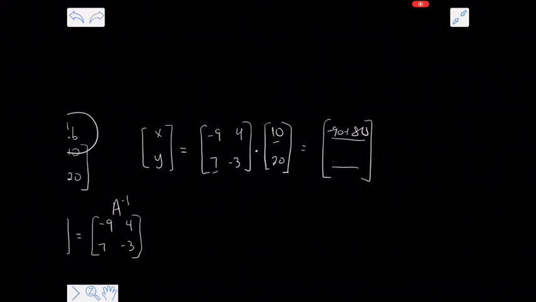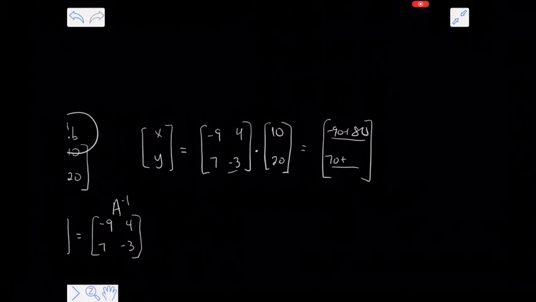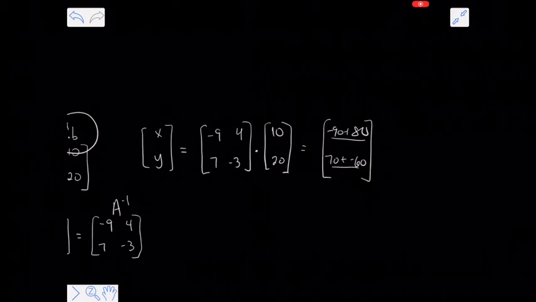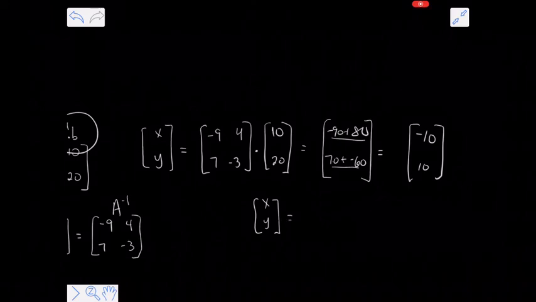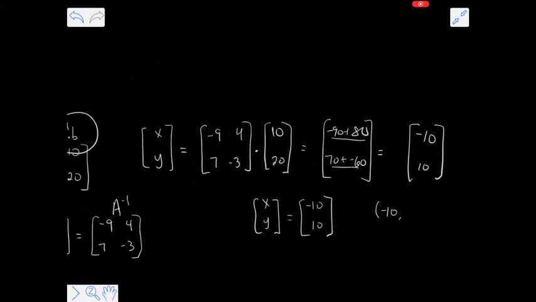So 10 times 7 there is 70. And -3 times 20 is -60. And what I get is -10 and +10. So x equals -10 and y equals +10.